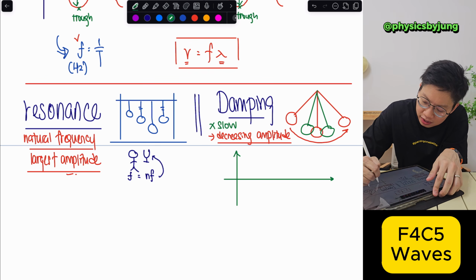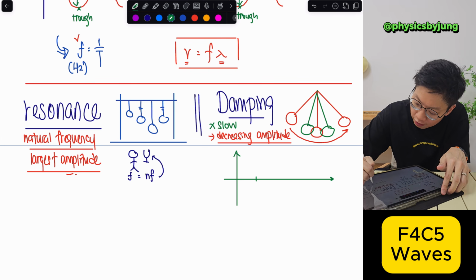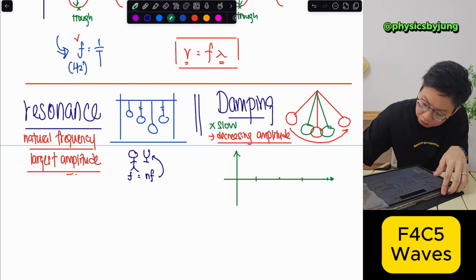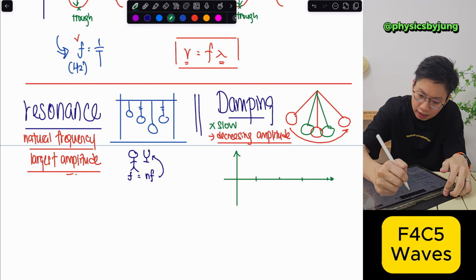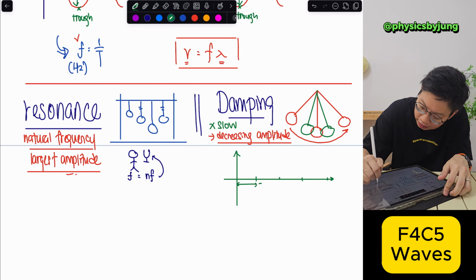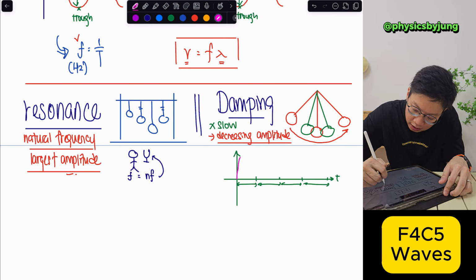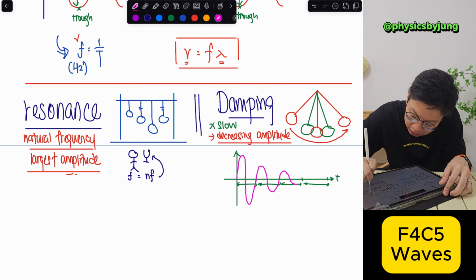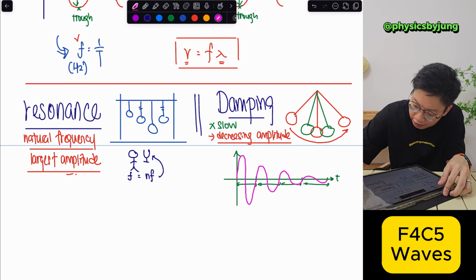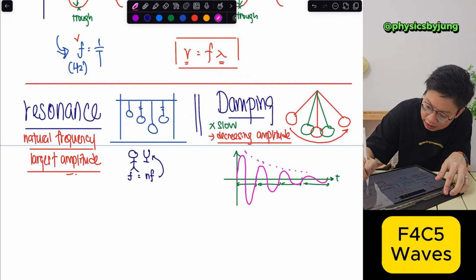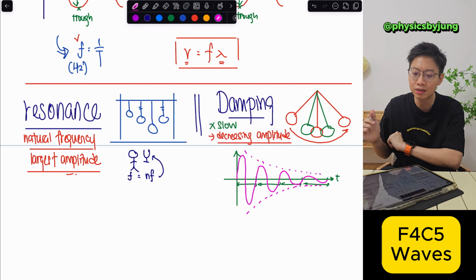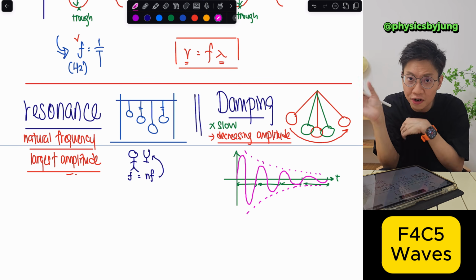So when you plot this, before you even plot the graph, make sure that you label your points at equal time intervals, because this is going to be T, and make sure that when you draw this, your amplitude decreases consistently, but your time has to remain the same. So there is a sharp drop in your amplitude, but your time taken for each wave has to remain the same.